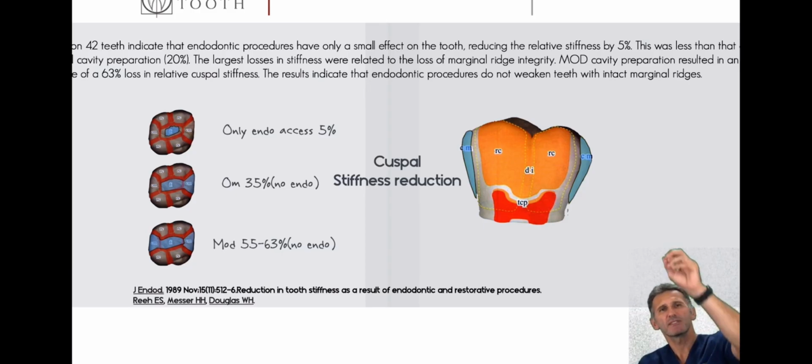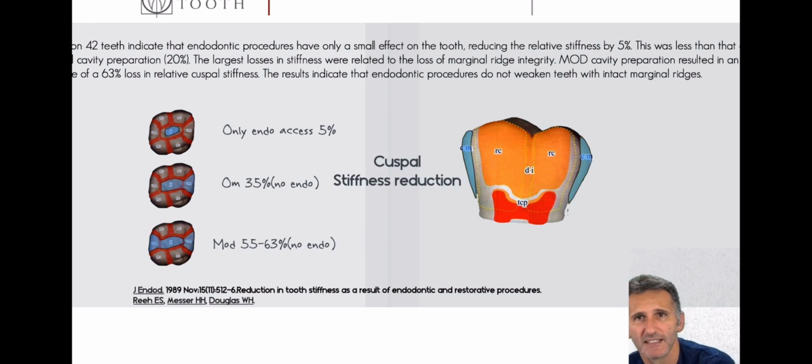So this is the result of the study of Reeh, that endodontic access alone steals just 5% from the cuspal stiffness, an occlusal mesial cavity without endodontic treatment 35%, while an MOD from 55 to 63%.